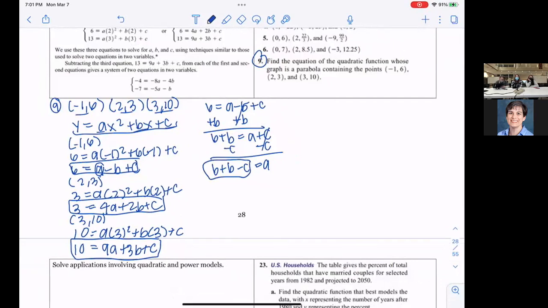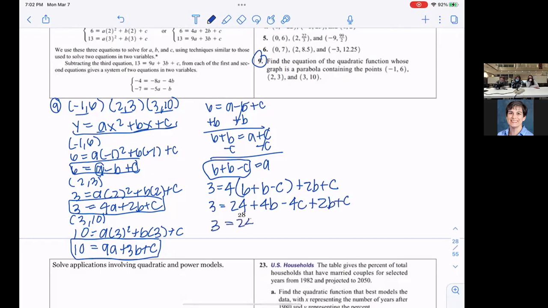And so looking at the second equation, we can now plug in this for A. So now we're gonna have 3 equals 4, and then instead of an A, we're gonna plug in the 6 plus B minus C, and then plus 2B plus C. And so then we're gonna have 3 equals 4 times 6 is 24 plus 4B minus 4C plus 2B plus C. So we're gonna have 3 equals 24.